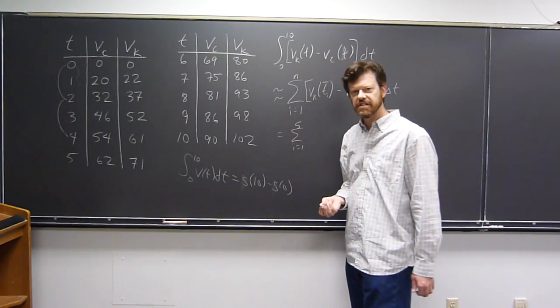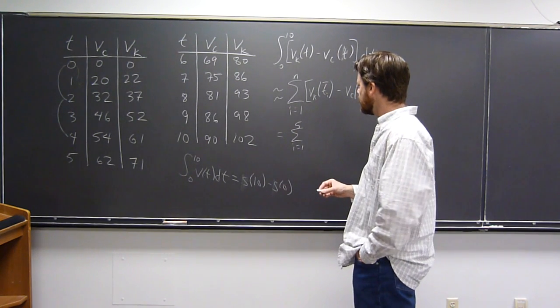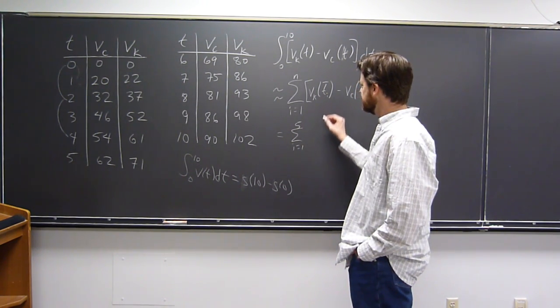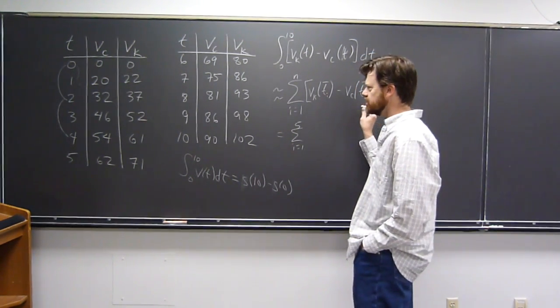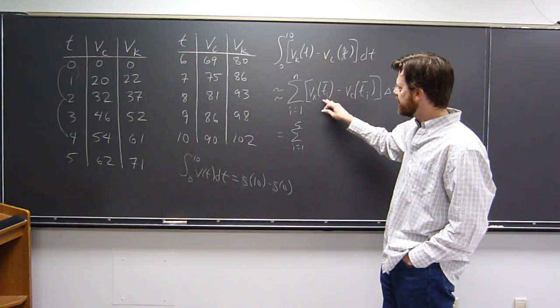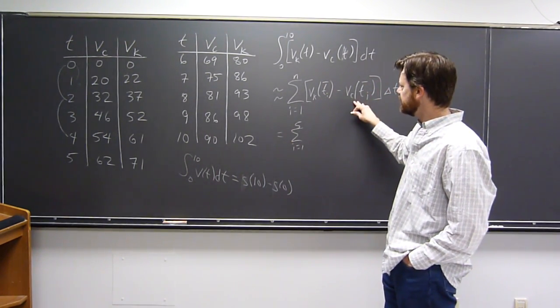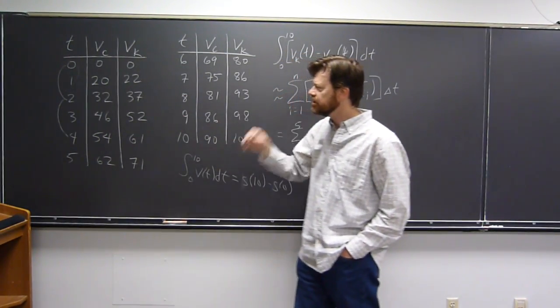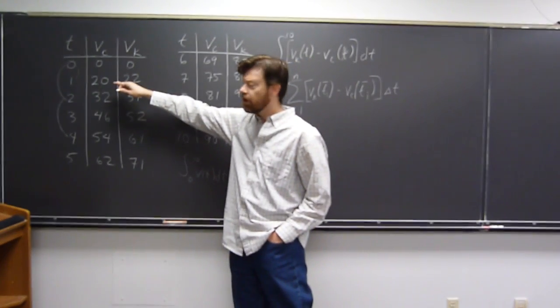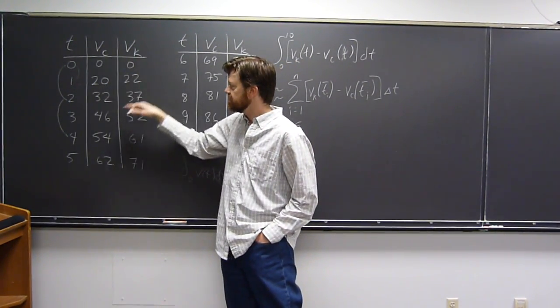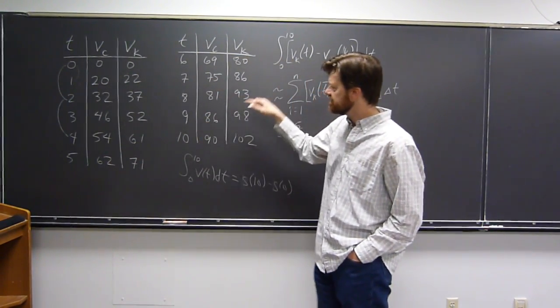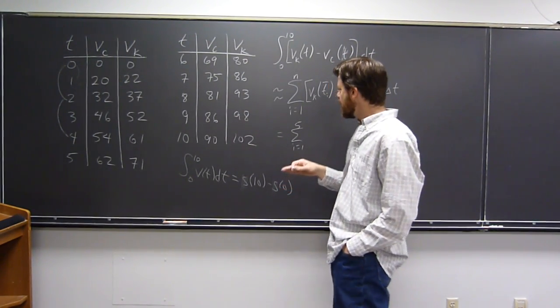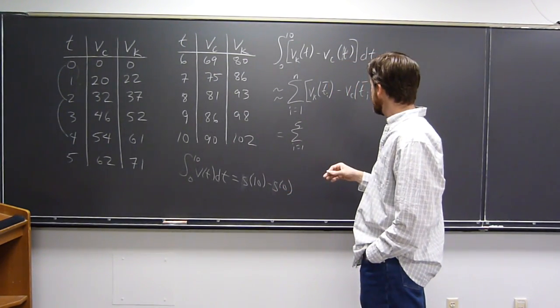We're going to take the velocity of Kelly minus the velocity of Chris at each midpoint of each 2-second subinterval. So we'd have all the odd numbers of seconds: 1 second, 3 seconds, 5 seconds, 7 seconds, 9 seconds. That's what we're actually going to do.